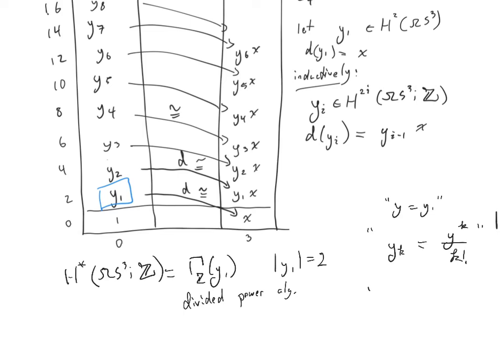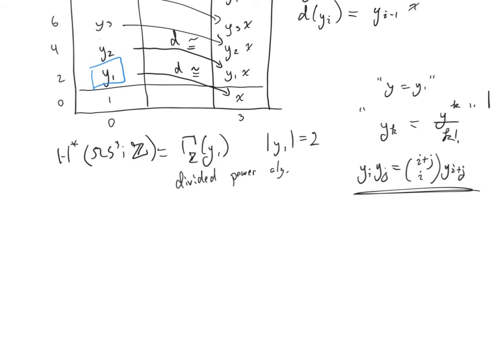So in particular, yj multiplies with yi to give you i plus j choose i, y i plus j in this binomial theorem. And the place that this rule comes from is exactly the Leibniz rule.